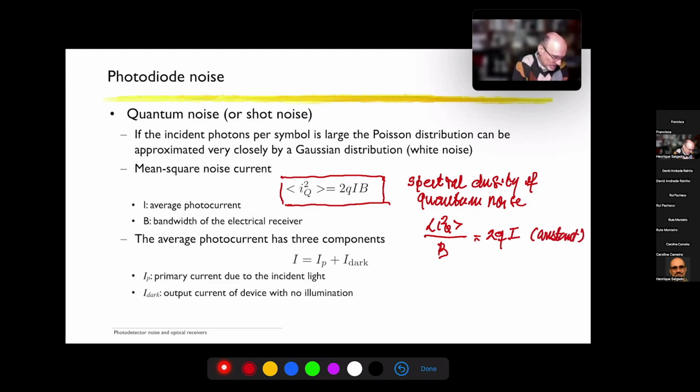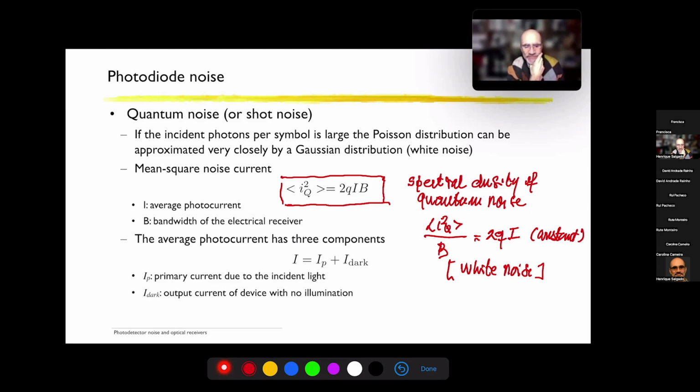And so this is equivalent of a type of white noise, because the power spectral density is constant. It does not depend on frequency. Obviously, this is an approximation, but still valid for all practical purposes.